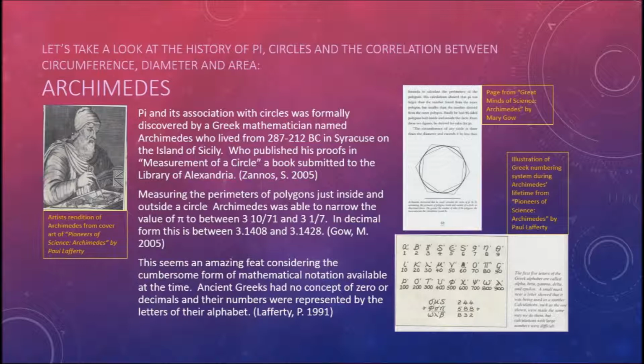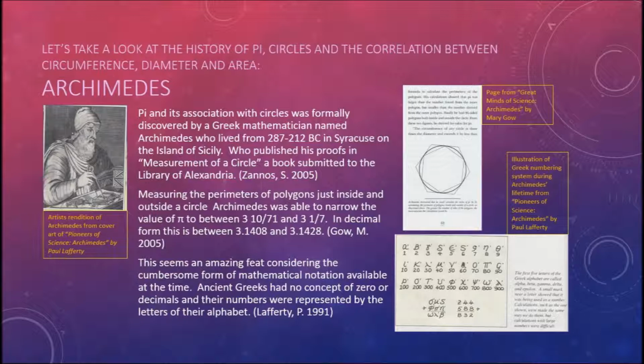This seems an amazing feat considering the cumbersome form of mathematical notation available at the time. Ancient Greeks had no concept of zero or decimals, and their numbers were represented by the letters of their alphabet. This is according to Paul Lafferty in a book he published in 1991.